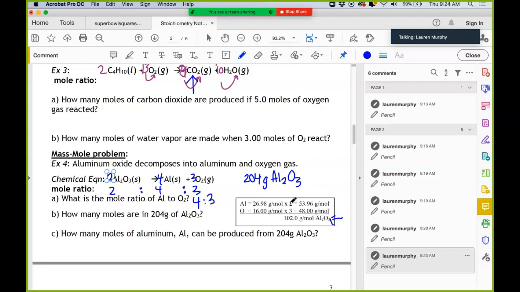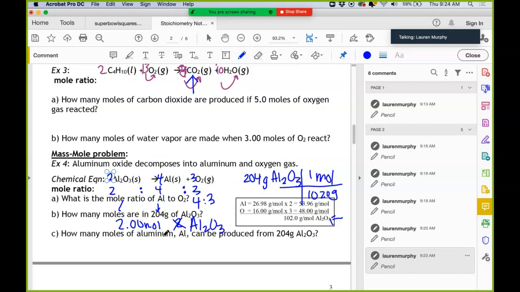So aluminum times 2 plus 16 times 3, because there's 3 oxygens, gives you 102 grams per 1 mole, remember? So 102 grams for every 1 mole is what? It's 2, right? Now, sig figs, 2.00 moles, because this is 3 digits. You don't get to just write 2. That's wrong. Aluminum oxide.